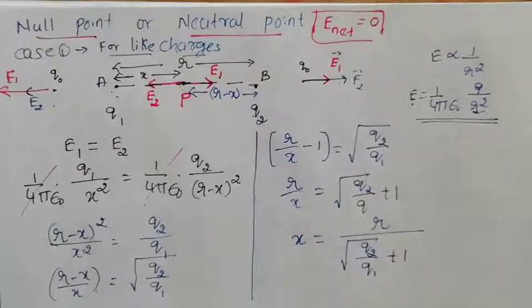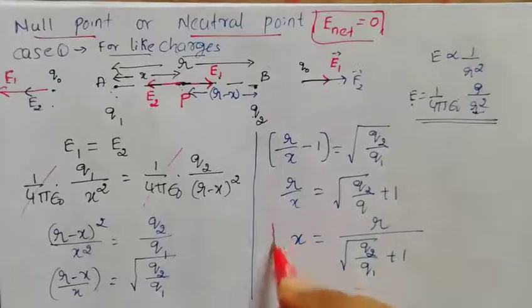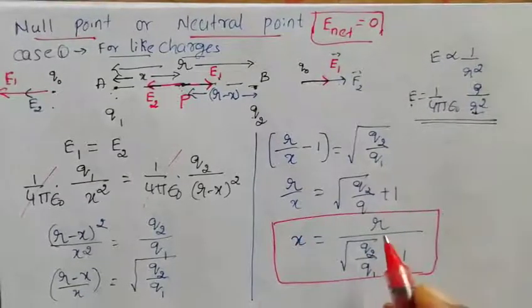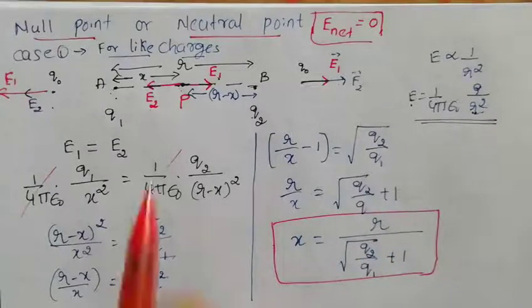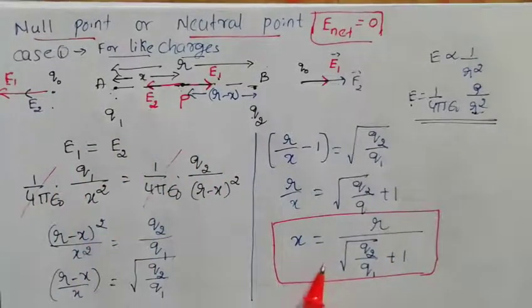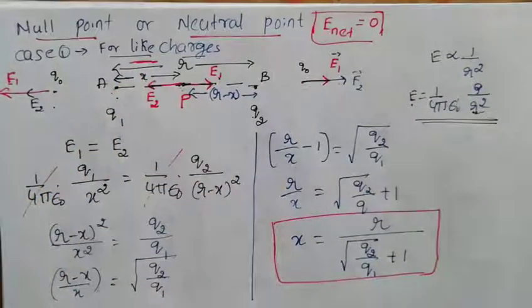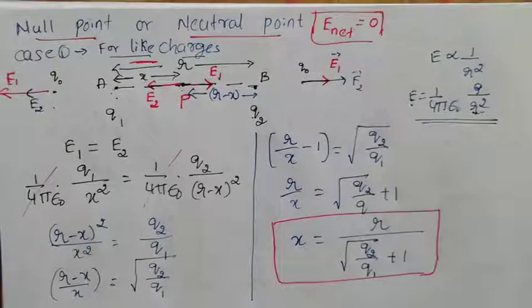So this is the location of the null point, or what we can say the neutral point. Afterwards you need not derive all this, you just remember this formula: X equal to R by square root of Q2 by Q1 plus 1. For what type of charge is it? For like charges. Now can we look at the unlike charge case?